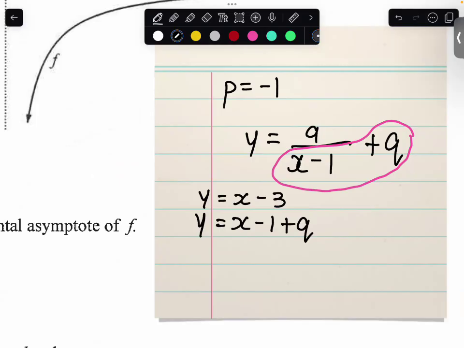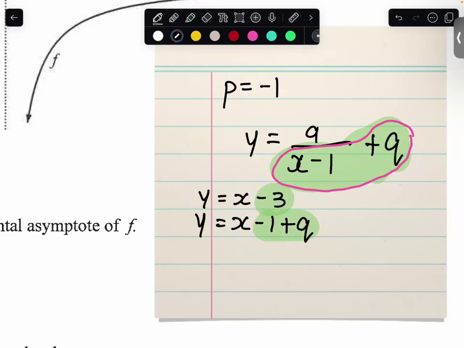Now that means that if this is how I would normally get it, this part has to be equal to minus 3 because they gave that to me, right? So normally when everything is given to me, I use the bean method, and I say y is equal to x minus 1 plus q, but they already gave me the axis of symmetry, which means I know that this back part has to be equal.